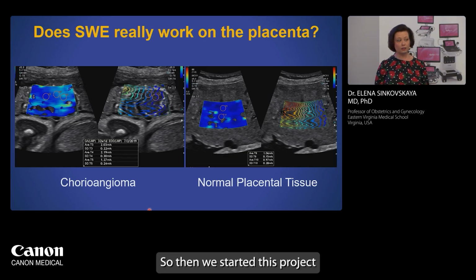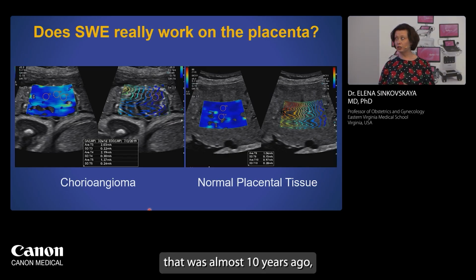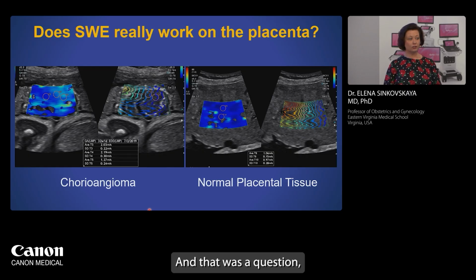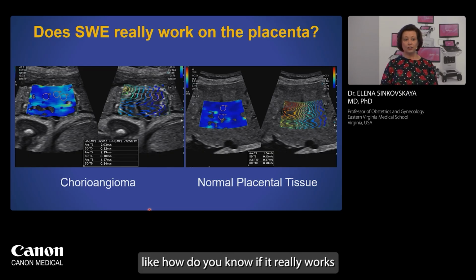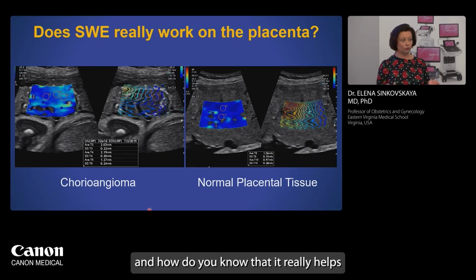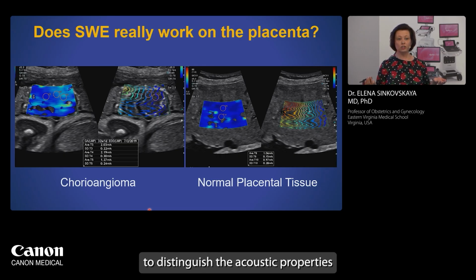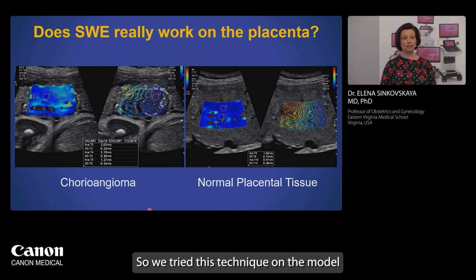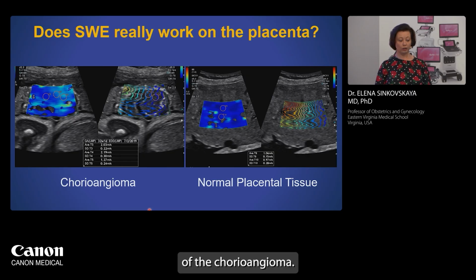We started this project almost 10 years ago, so we really had no reference values at that time, and the question was, how do you know if it really works? And how do you know that it really helps to distinguish the acoustic properties of the different tissues within the placenta? So we tried this technique on the model of the chorioangioma.